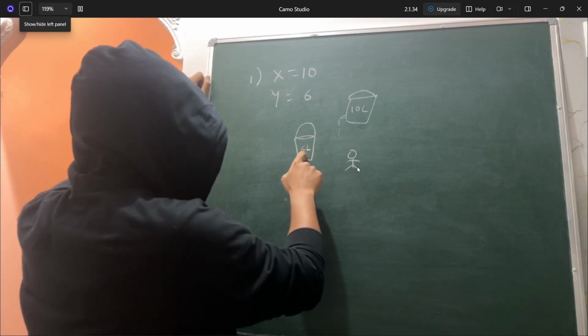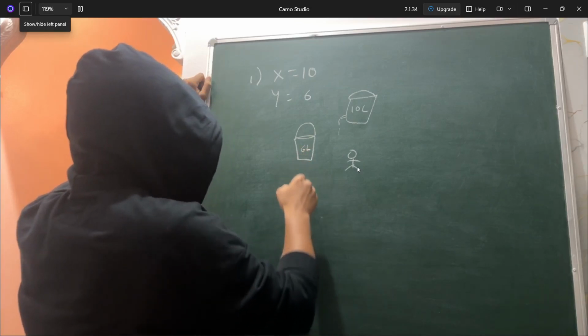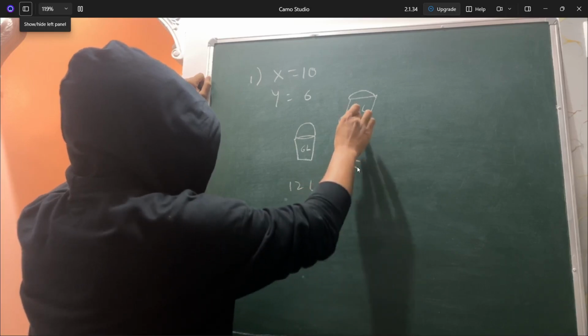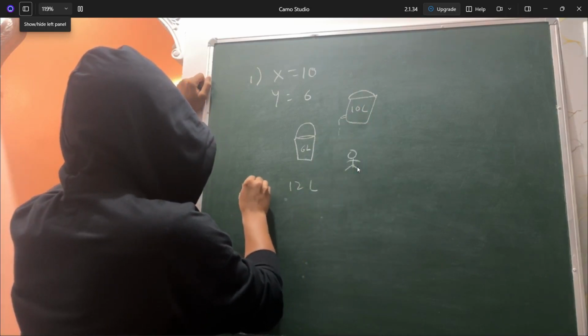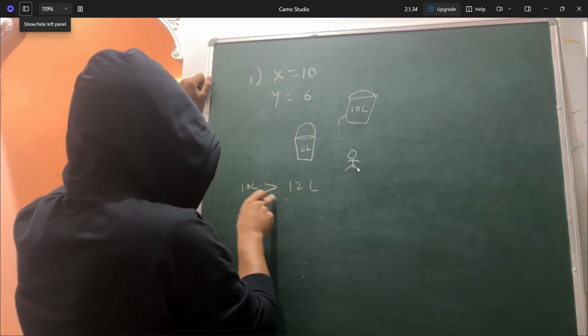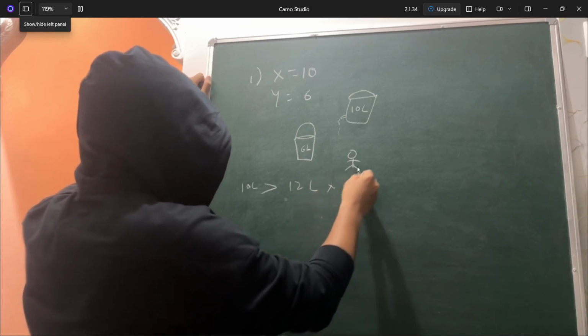He requires 2 buckets to take a complete bath. So 2 buckets means he'll require 12 liters of water, but in the geyser we have only 10 liters. So 10 greater than or equal to 12 is false, which means he will not be able to completely bathe.